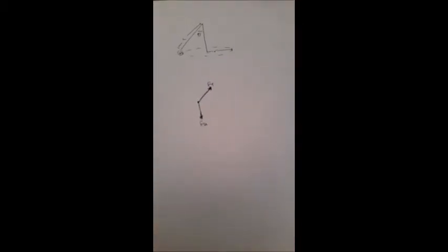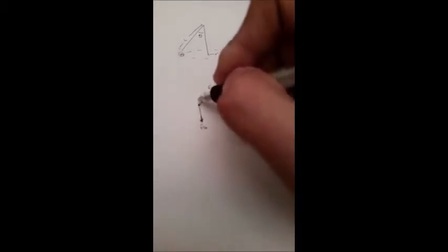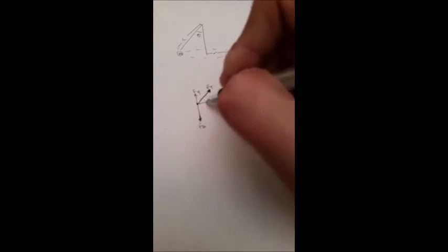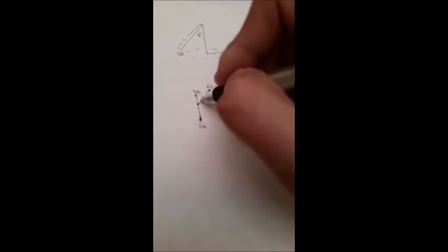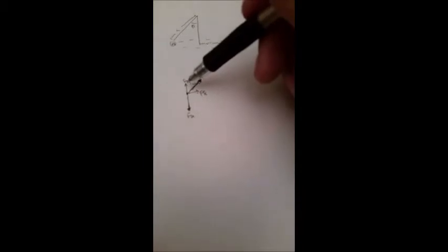Now we can split up the tension force into x and y directions. So we have Fy and Fx. We know that Fty is equal to Fg because the mass is not falling.